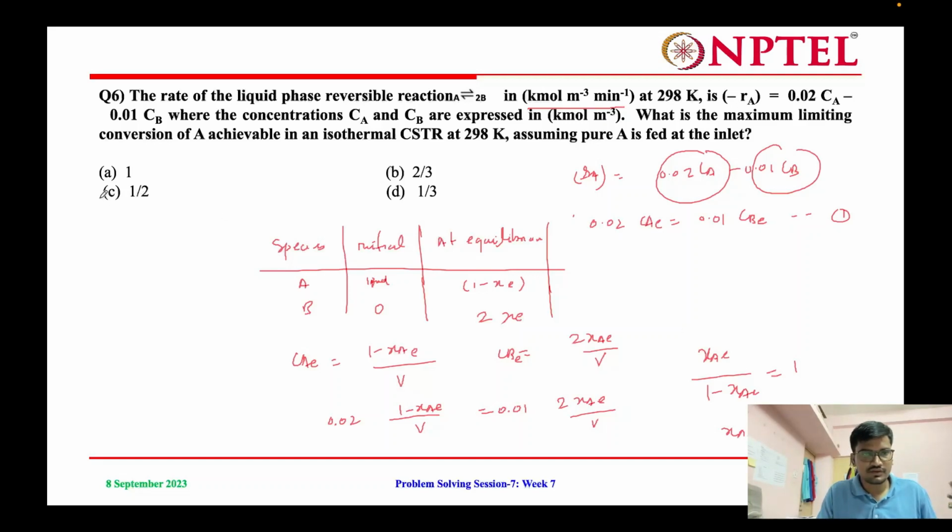So option C is correct, the 50% conversion of A achievable in an isothermal CSTR.